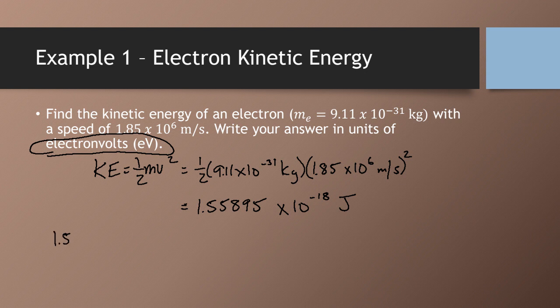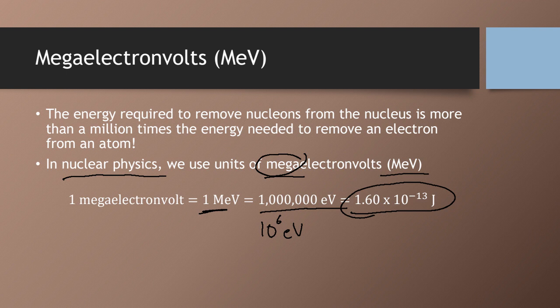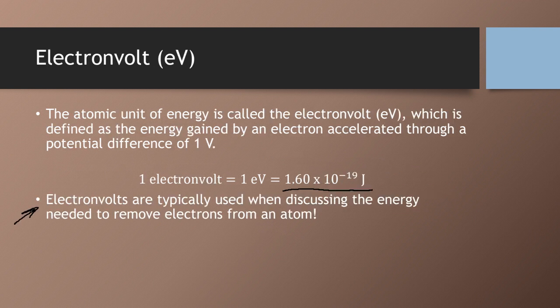We have 1.55895 times 10 to the minus 18 joules, and we want to convert this to electron volts. If we go back and look, 1 electron volt is 1.6 times 10 to the minus 19 joules.